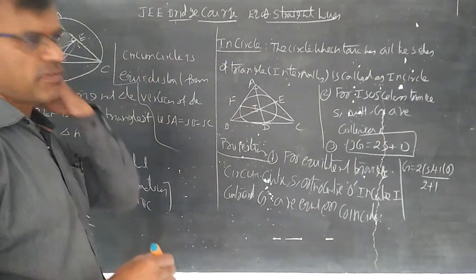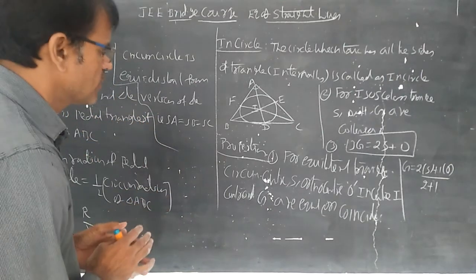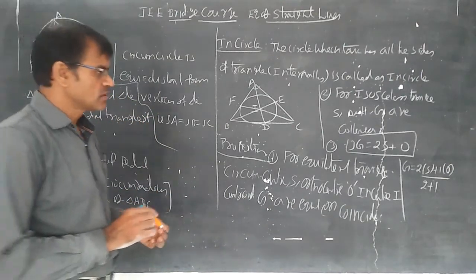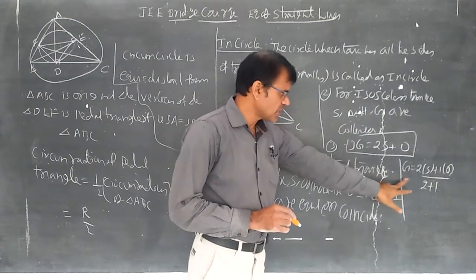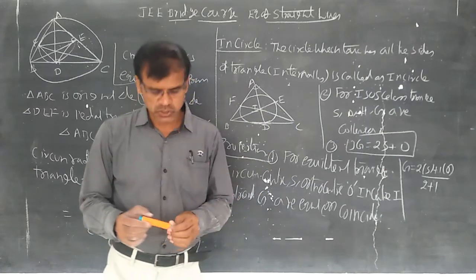So centroid divides the circumcenter and orthocenter in the ratio 2:1 internally. For any triangle, it is true.